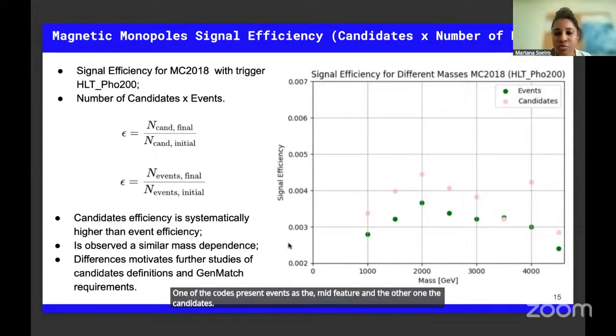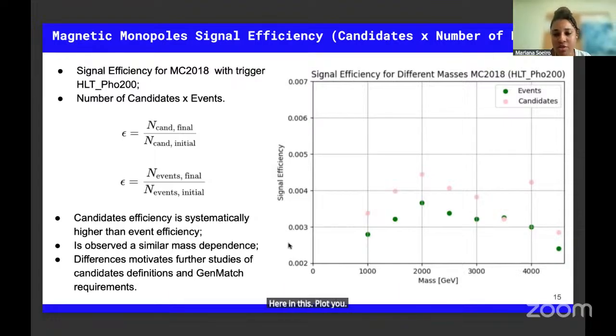Here in this plot, we saw the number of candidates was more interesting to work with in this analysis, and we'll continue with that strategy for the other steps of the analysis. Basically, here we prove that because we see clear evidence the candidates have more signal efficiency at the end of the process.